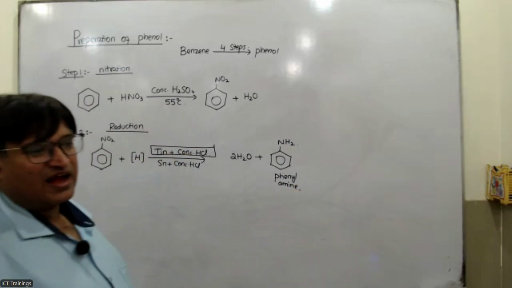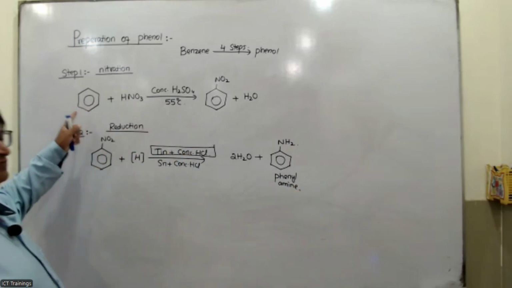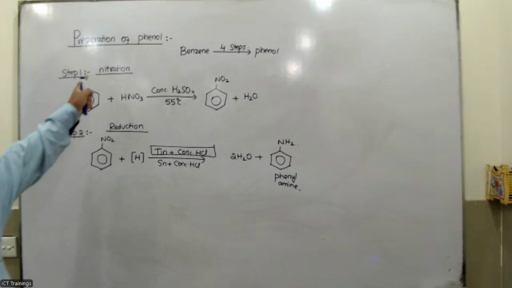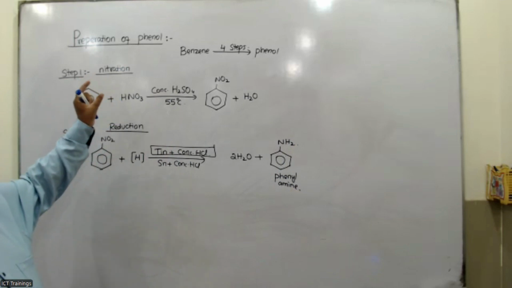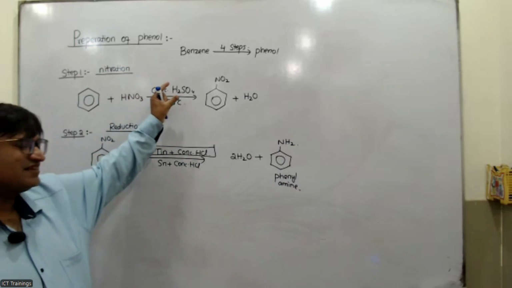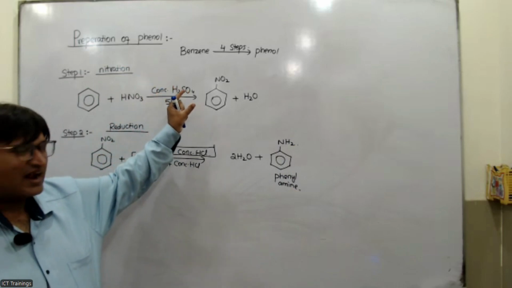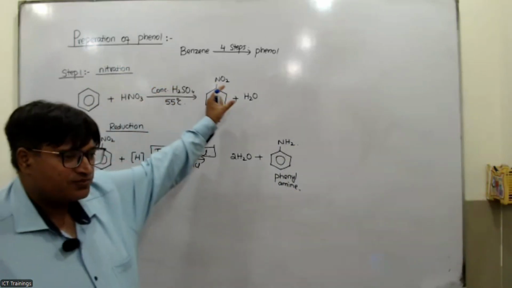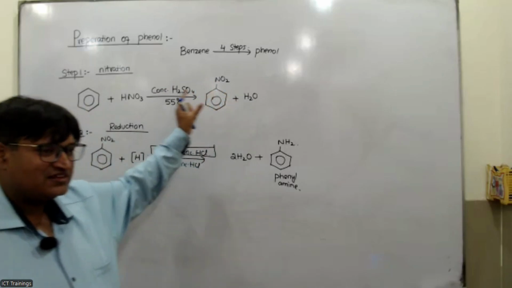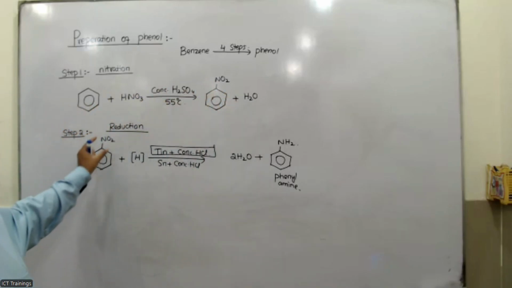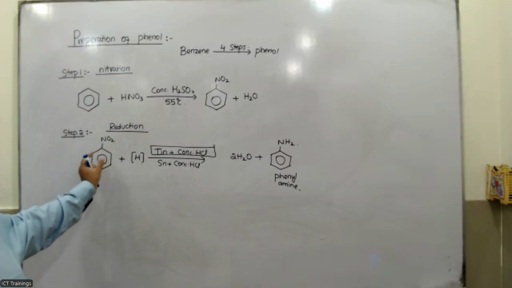Up till now, we have done two steps. In the first step, we took the benzene and did the nitration. Nitration means we reacted with nitric acid and concentrated sulfuric acid as a catalyst. The NO2 group is attached, so nitrobenzene is formed. In the next step, we do the reduction of the nitrobenzene.